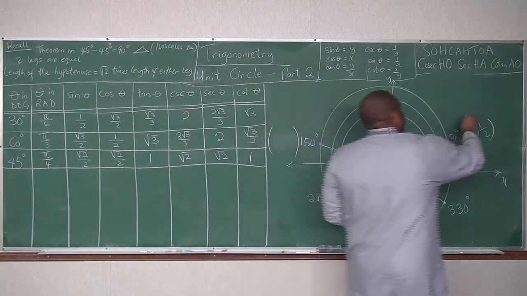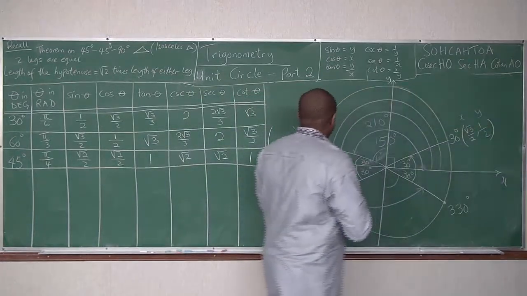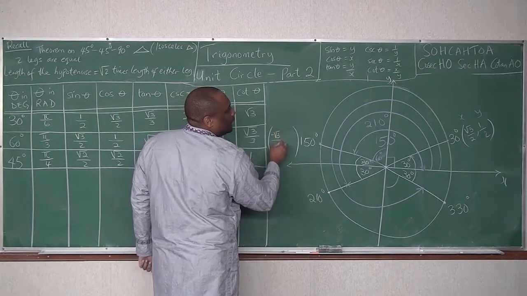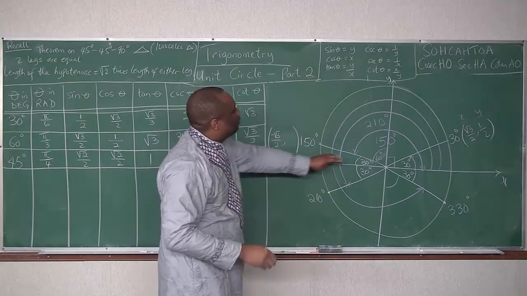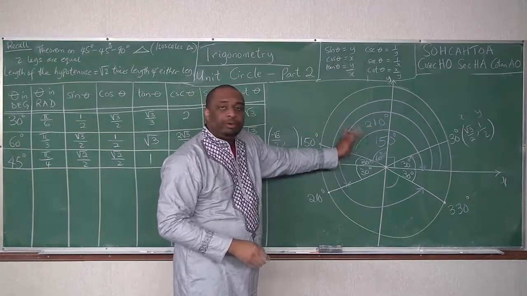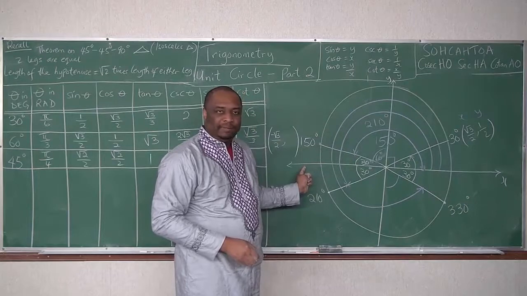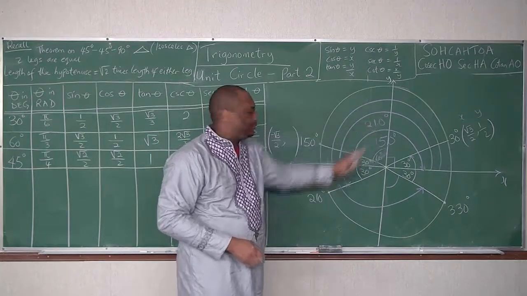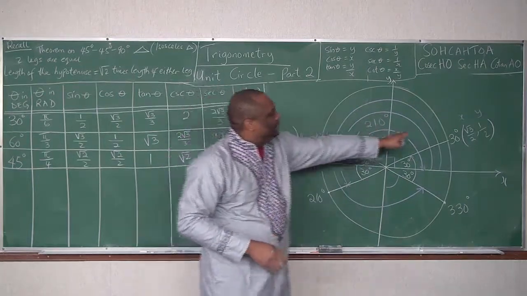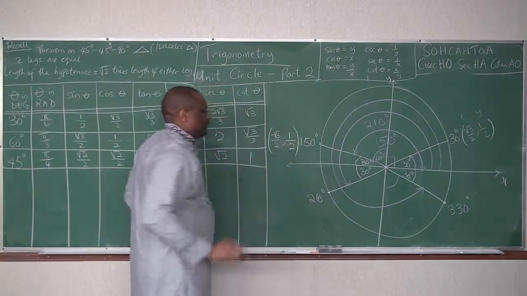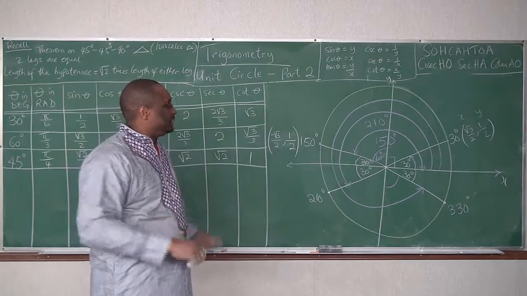This is still x, and this is y. The only thing is that this will be negative root 3 over 2, because in this second quadrant, x is negative but y is still positive. So this will be negative root 3 over 2, and the y is still positive, 1 over 2. That is the 150 degrees.